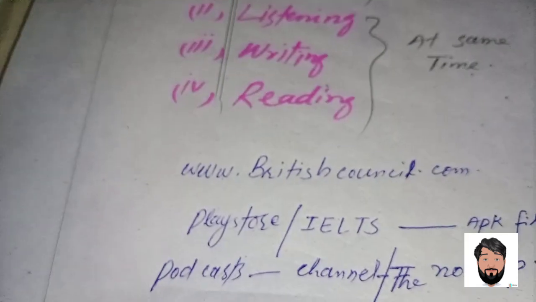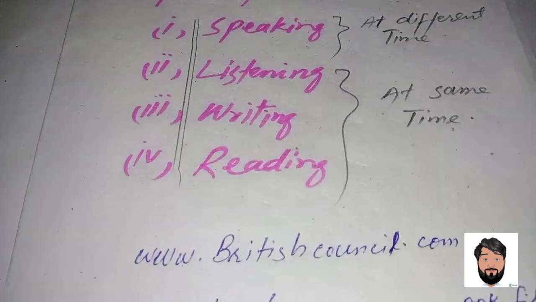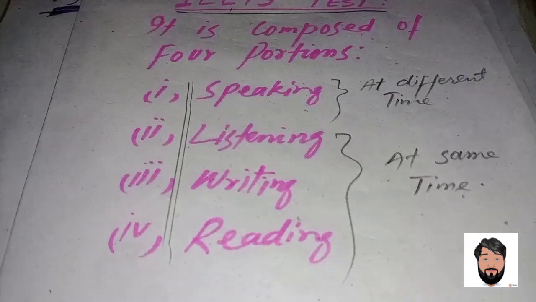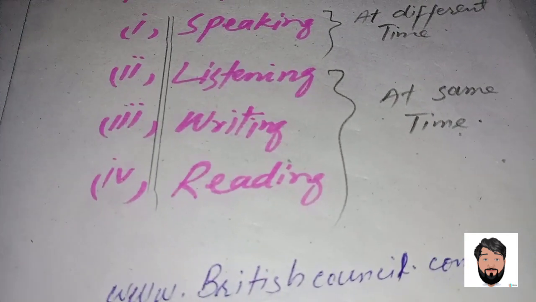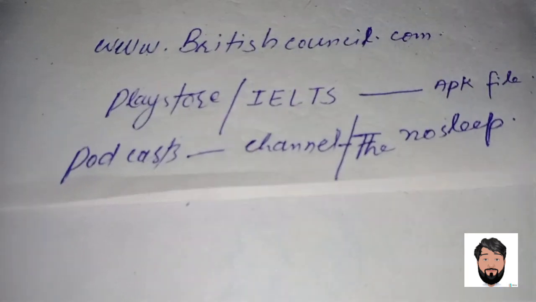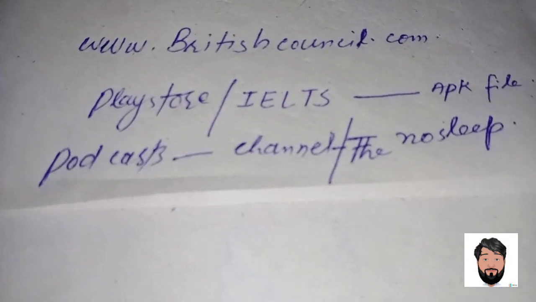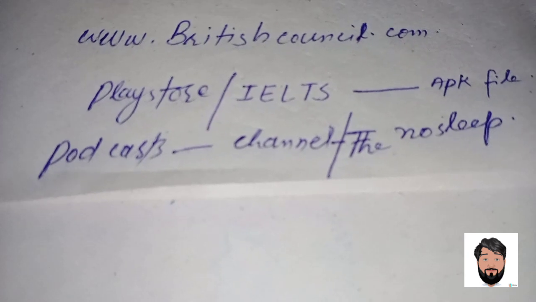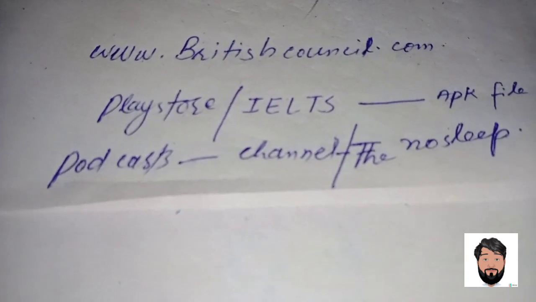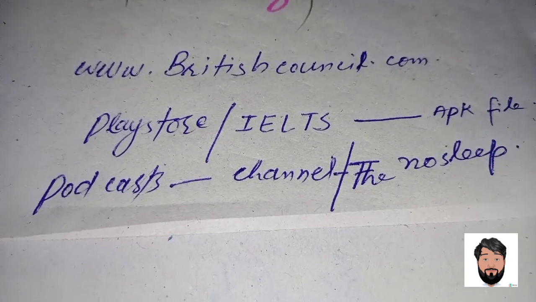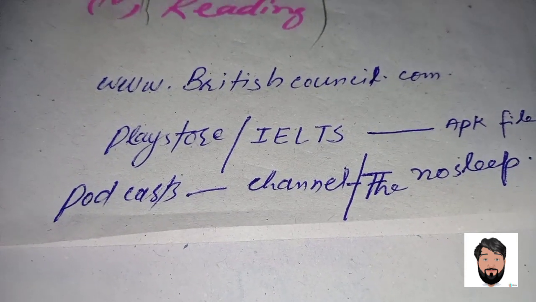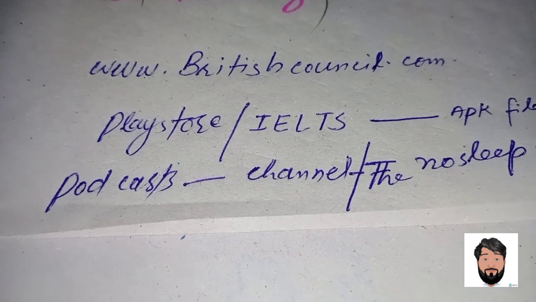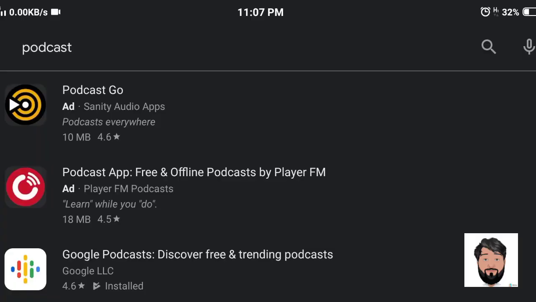No Sleep consists of many audio recordings that will help you prepare for your listening and other things that will help you in all four portions. I think it's the best source for your British accent or American accent. You can differentiate between them when you listen to these conversations between two or three persons. Yes, that's more interesting.